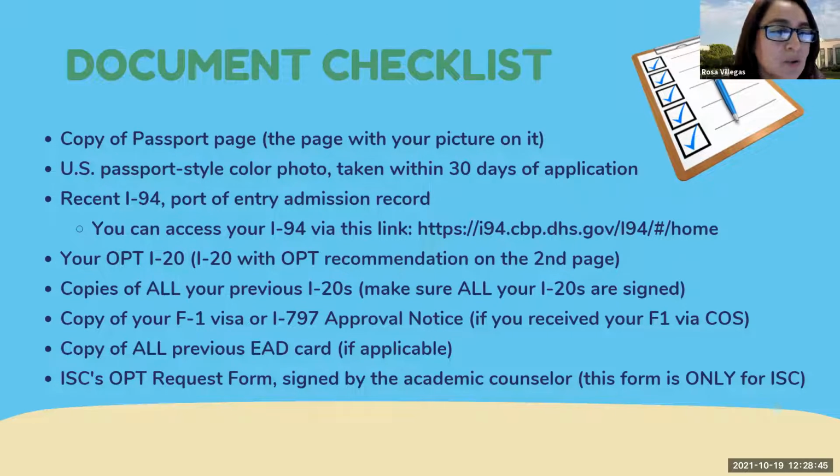You go to the website, type in your name, date of birth, and passport information, and you will be able to download your I-94. Again, if you need assistance, we're here to help you. You can come in and say, hey, Rosa, I couldn't download my I-94. Can you help me? And we'll be happy to do it.